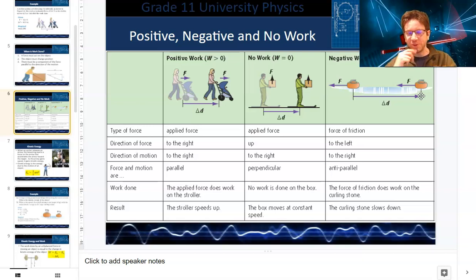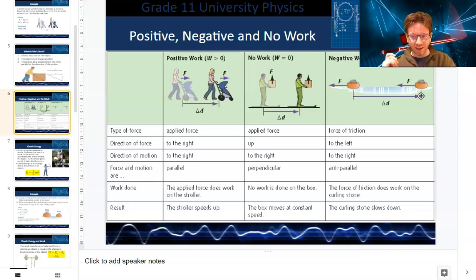Now look at the difference between positive and negative work, because we're going to talk about this in a little bit. When positive work is being done, you increase the speed of the object. When negative work is being done, you decrease the speed of the object. And kinetic energy has to do with the motion of the object. So work and kinetic energy do have a link that we're going to talk about in a bit.